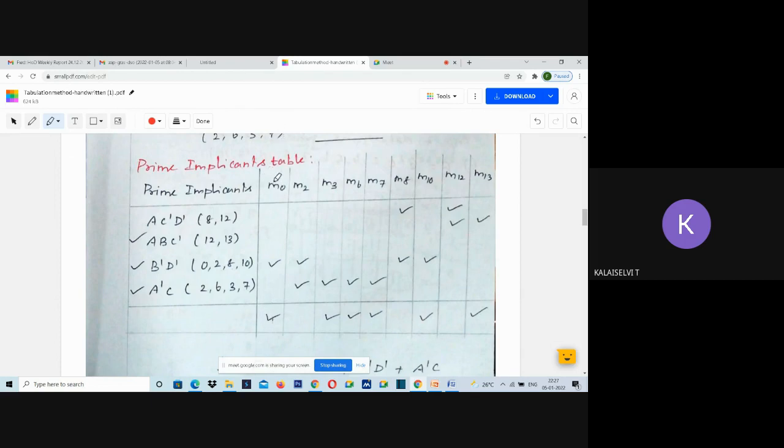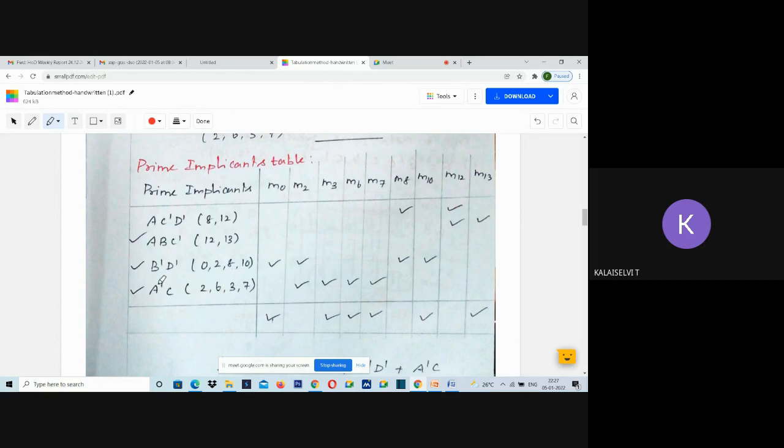Okay, so after considering this, we are having a tick mark for M0. So go and search for the product term which is having the min term 0. So here is the min term 0. So we can make a mark here. So this is the product term which is going to be considered for our minimized boolean function. Okay, and M3, where it occurs, in this min term 3 occurs.